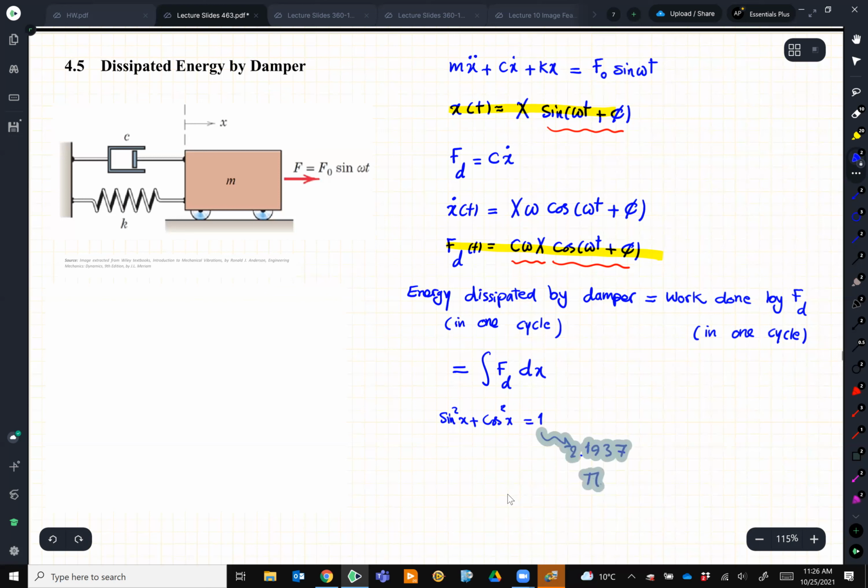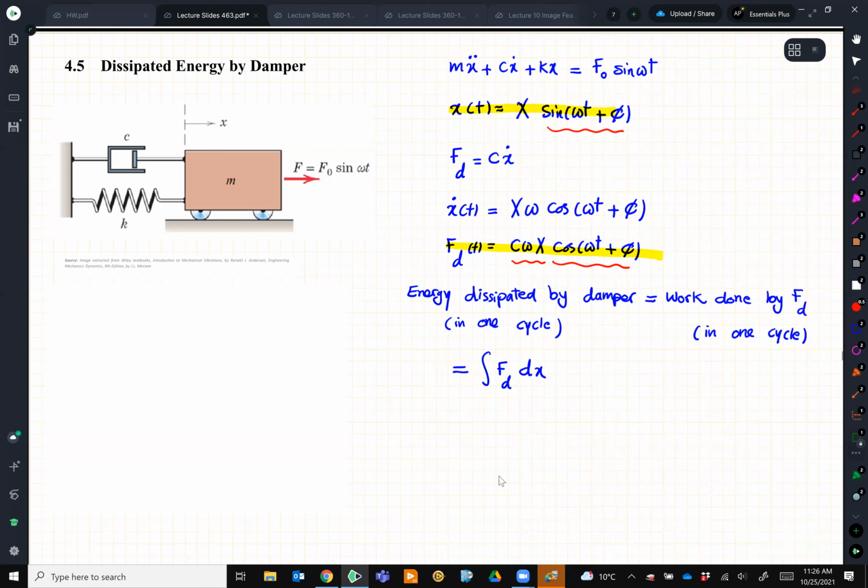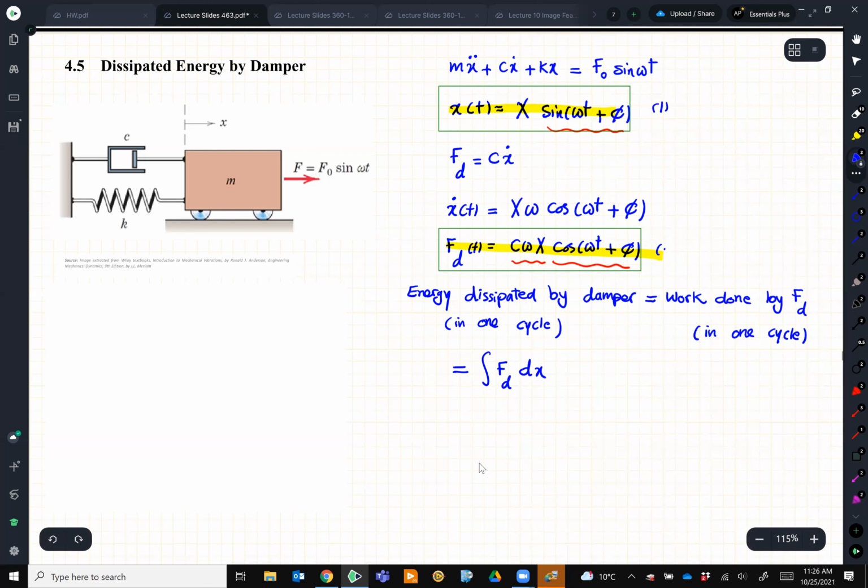Anyway, so now we can use that. I have a sine of something here, cosine of something here. So from equation 1 and 2, I can write down (x divided by X) squared plus (F_D divided by c omega X) squared is equal to 1.